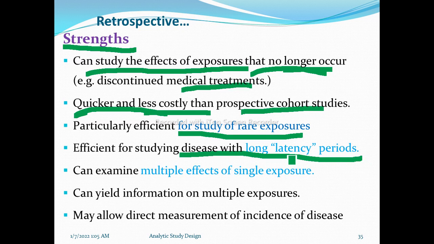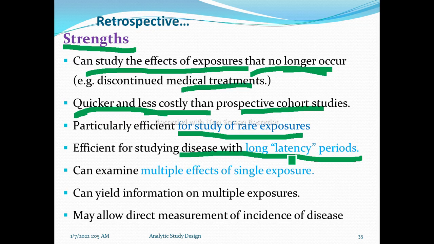When we say long latency period, for instance, whether the disease developed or not developed is your outcome of interest, but when the latency is long, the occurrence will take long. So if it takes, for instance, 10 or 20 years, following individuals in the population for 20 years is very costly and difficult.